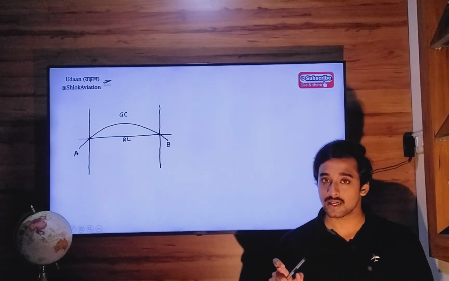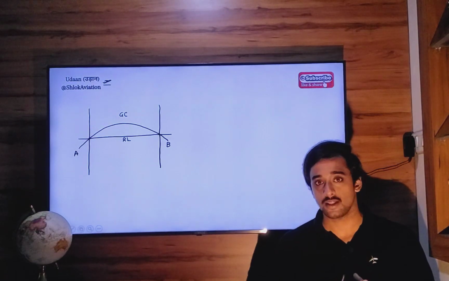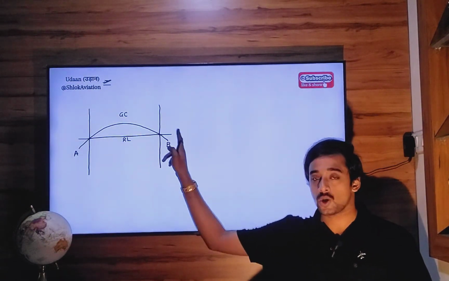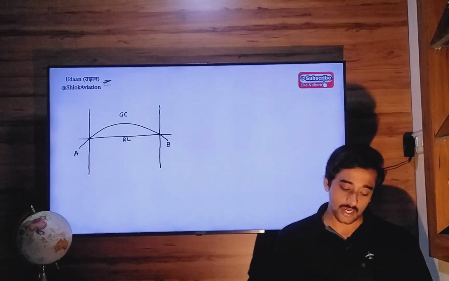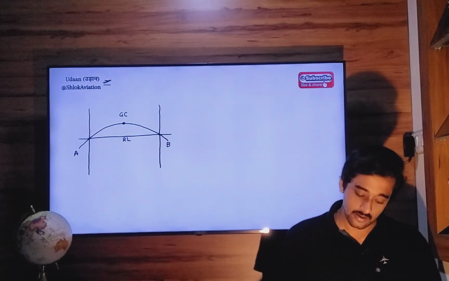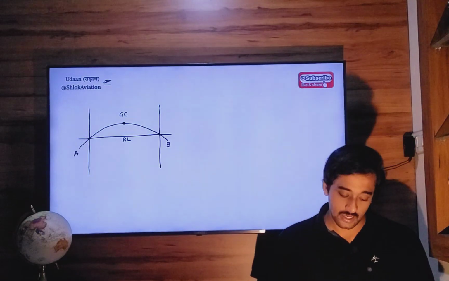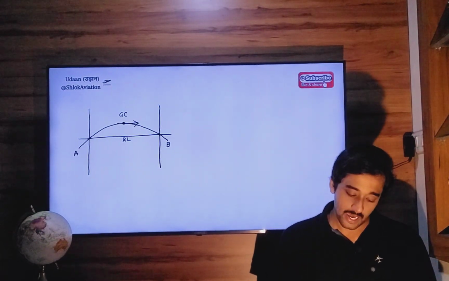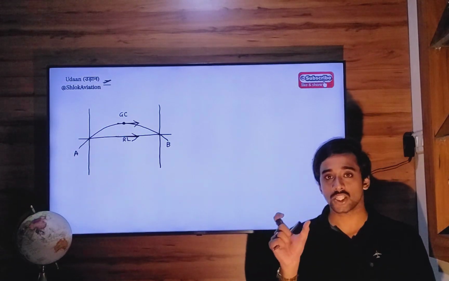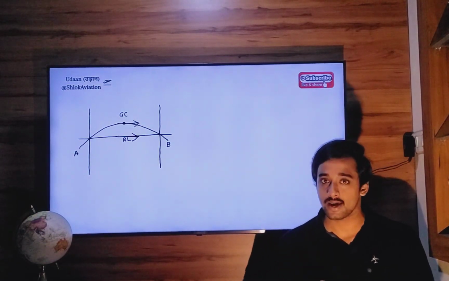Now, mean great circle is nothing but average great circle. So this is the starting point, this is the ending point. The average or the mean of that is nothing but a point somewhere here. And the direction at this point will be parallel to the direction of this rhumb line. That's why we say average great circle is nothing but rhumb line direction.